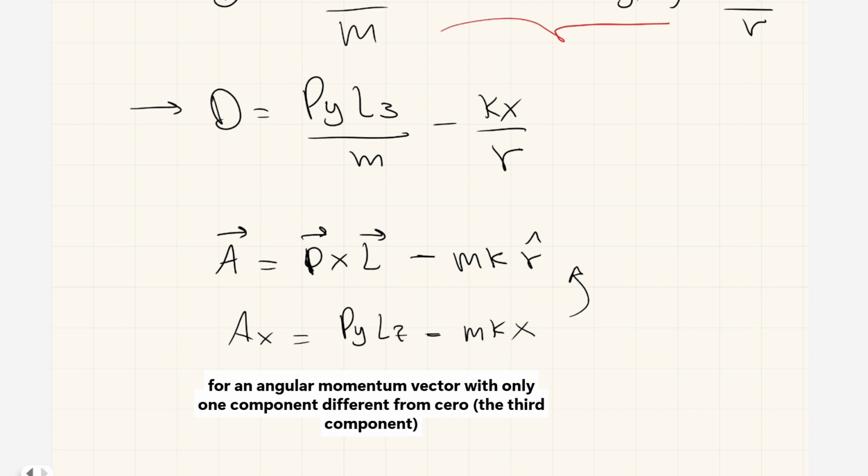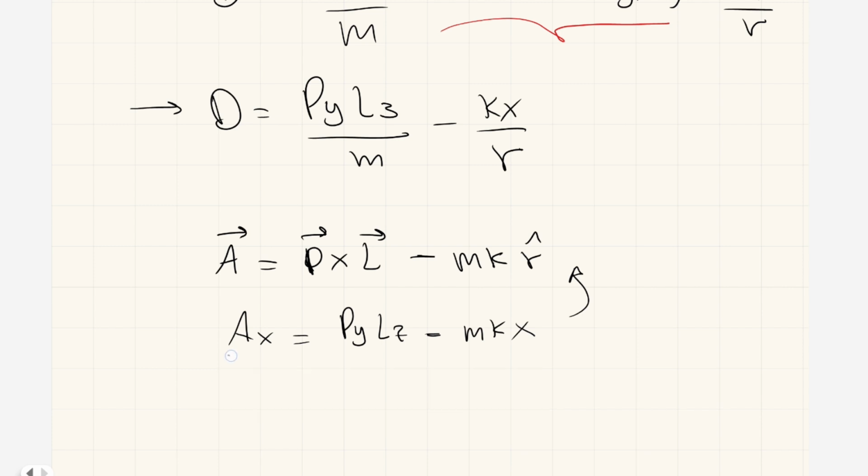But we are multiplying by a factor of 1 divided by m. So Ax divided by m is equal to this divided by m, and we cancel this. So this is actually exactly what we have here. So that means, again, that the d that we found, which is a constant of motion, is equivalent to the x component of the Laplace-Runge-Lenz vector divided by m.